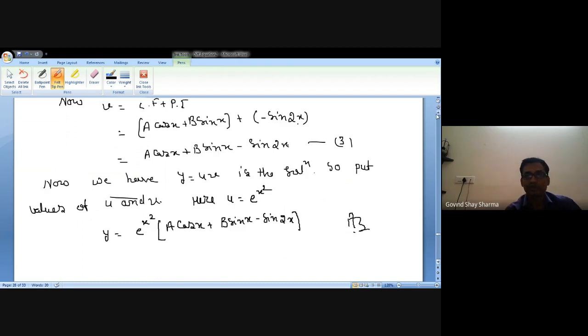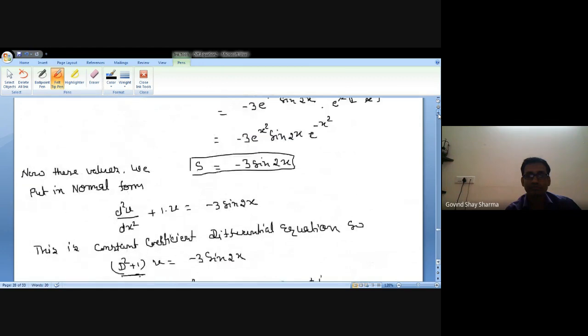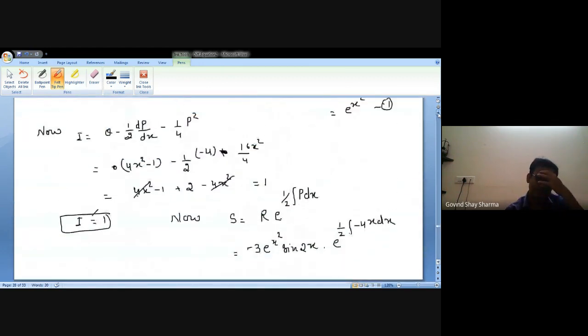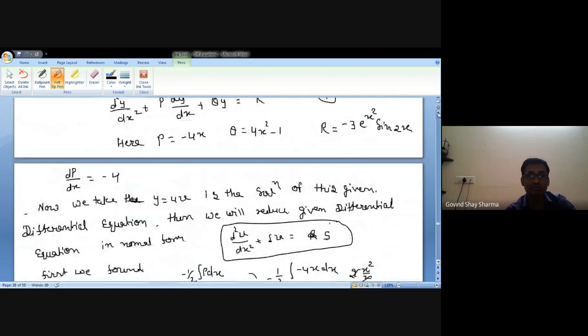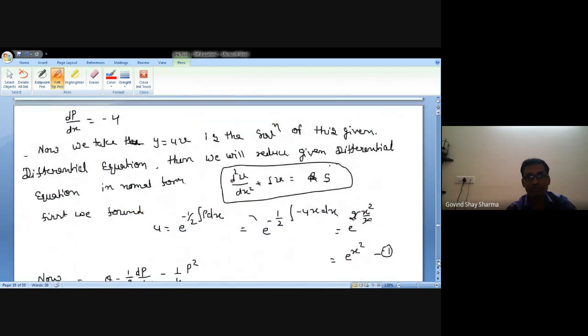So friends, again we see the method, very simple. First we compare the given differential equation with the standard form and find the p, q, r values. Then the normal form is d square v upon dx square plus Iv is equal to S. We find the value of u by e to the power minus integral of p dx.